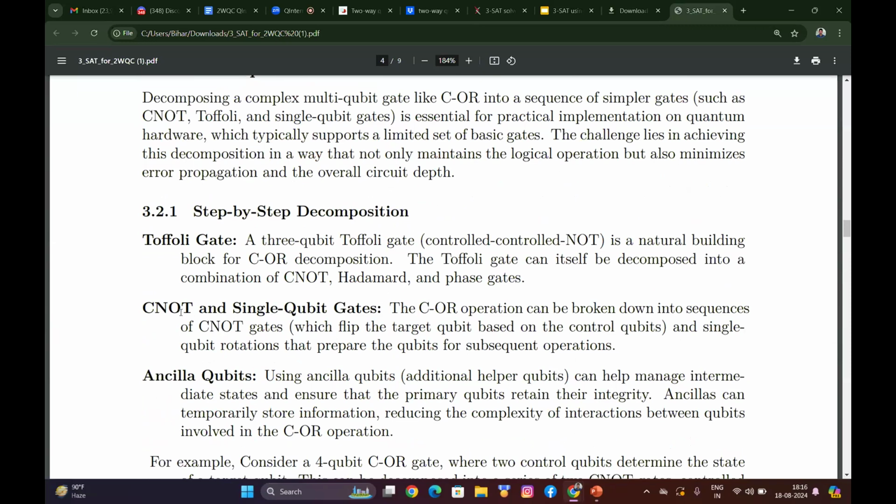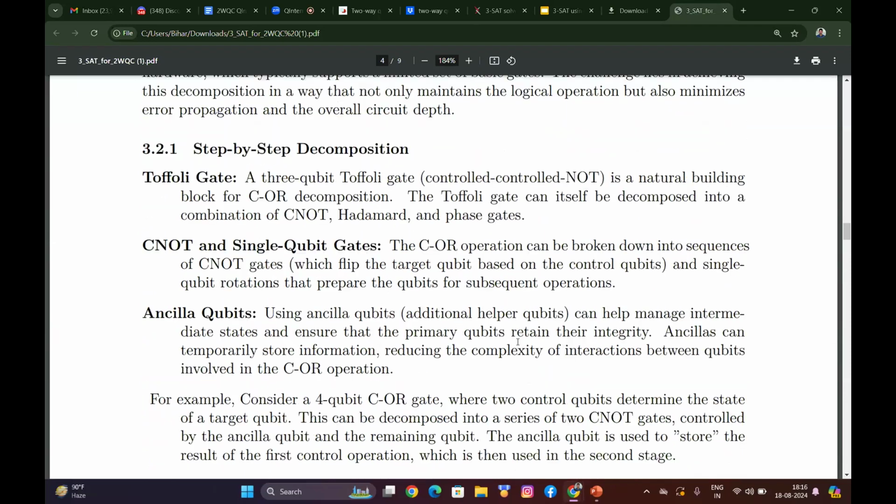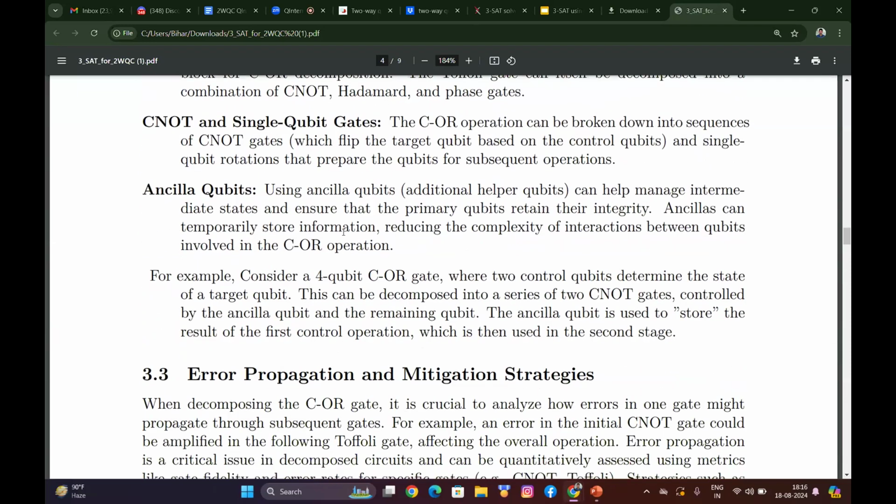Furthermore, we have to use CNOT and single-qubit gates, which flip the target qubit based on the control qubits. And ancilla qubits can be used to store the temporary state and for primary qubits to retain their integrity. This is for the reduction of complexity of interaction between qubits.